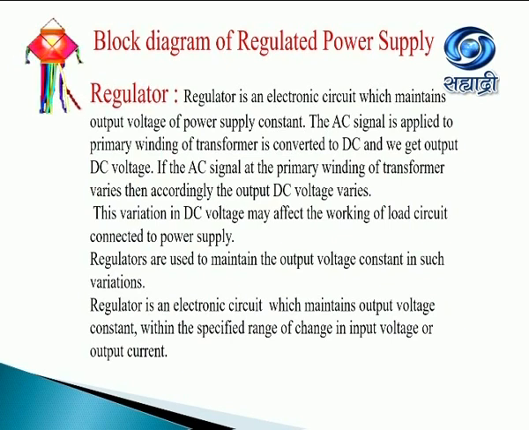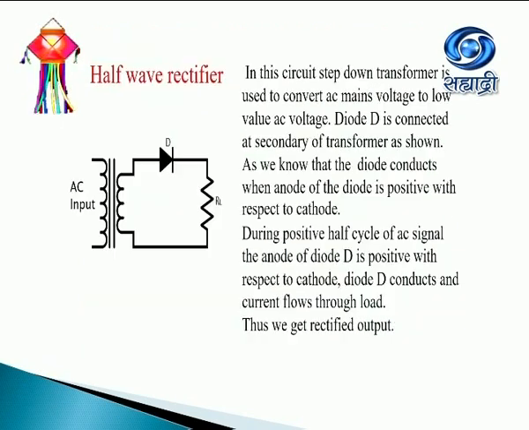This variation in DC voltage may affect the working of load circuit connected to the power supply. Regulators are used to maintain the output voltage constant in such variations. A regulator is an electronic circuit which maintains output voltage constant within the specified range of change in input voltage or output current. Now, we have to consider half-wave rectifier in detail.